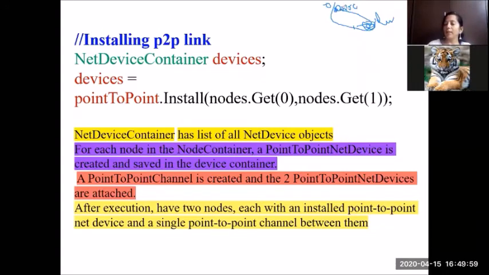So I'll put one interface device in node 0 and another interface device in node 1 by doing this line. So with this line of code, you're just installing two network interface cards, one device on node 0, one device on node 1, with this example.